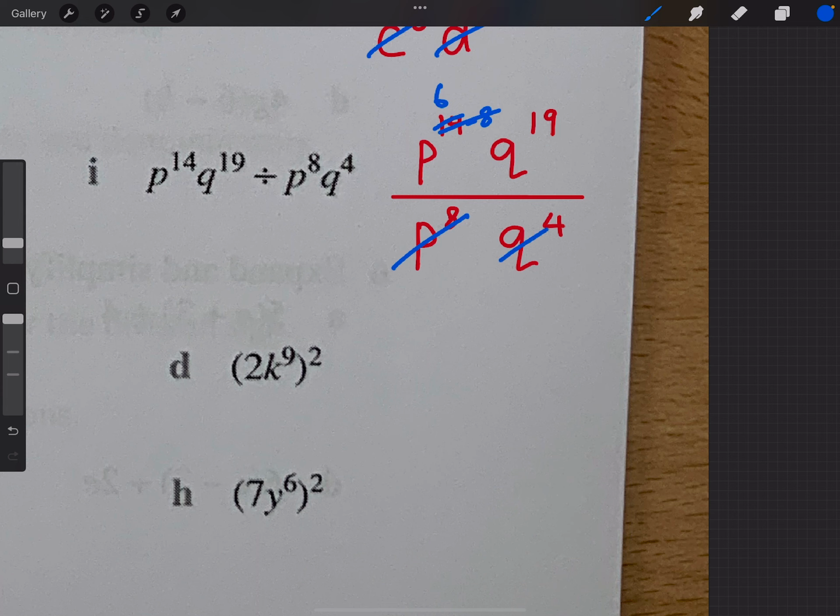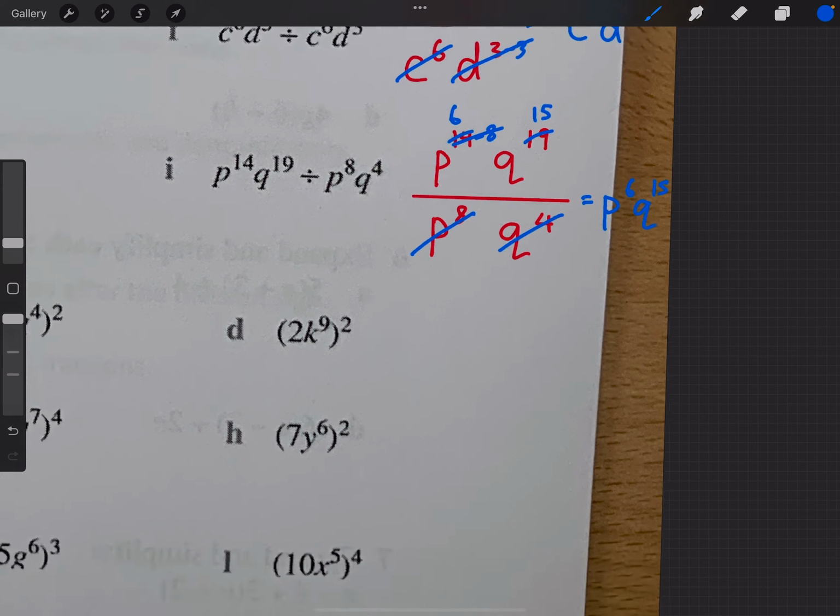This one you're dividing by q to the 4, and you get q to the 15. There are many ways to think about these kinds of problems. If you understand it, you can express it in many ways.